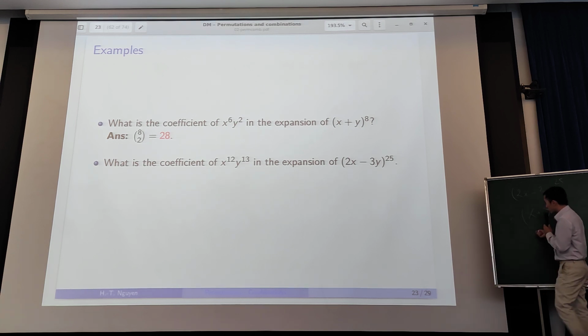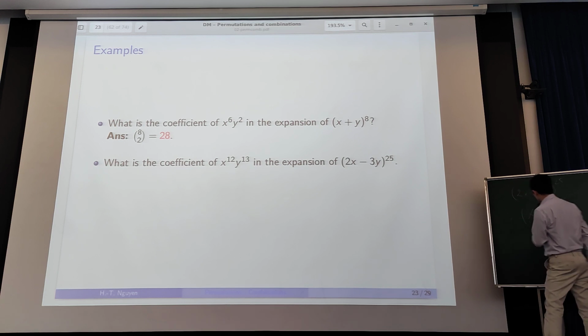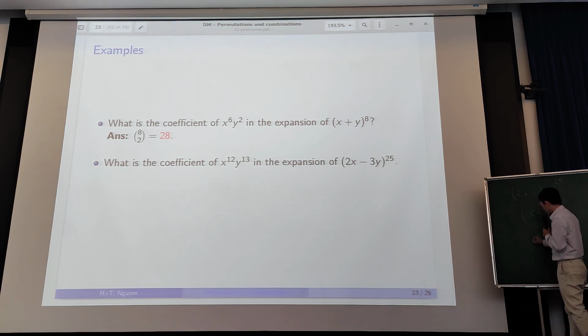So the coefficient corresponding to the powers 12 and 13 is 25 choose 12, okay? Big X to the power 12, big Y to the power 13.